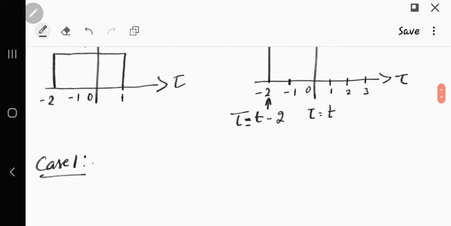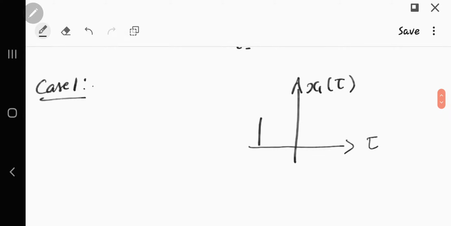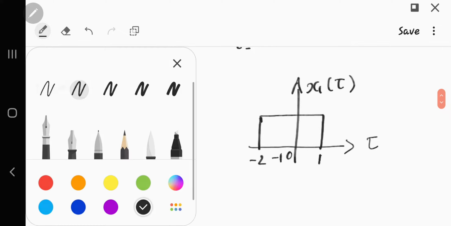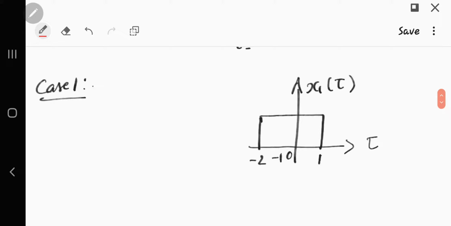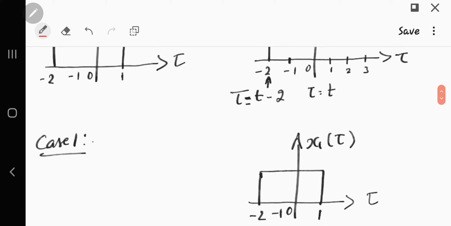First I have to see the starting index of the signal x1 of tau, which is from minus 2 to plus 1. Now let's take the shifting signal. You can observe it varies from t minus 2 to infinity with respect to tau.